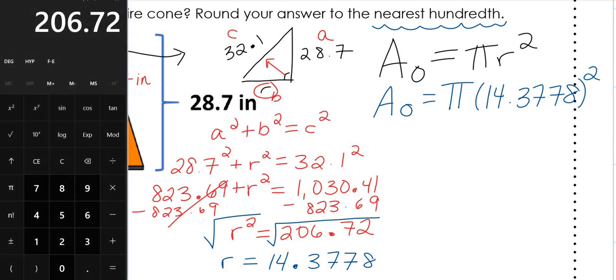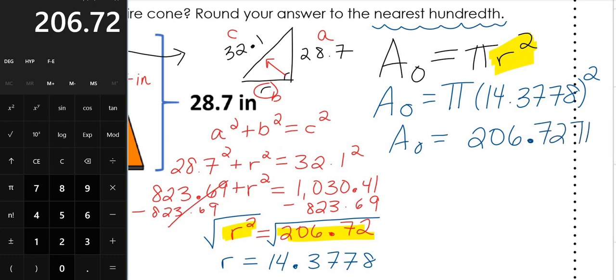That makes sense. When I solved for r squared and got 206.72, that's exactly what I needed for my formula. So I didn't even have to square root it. But it's good that we went through this process. So back to it. We just squared that 14, so we have area of the circle equals 206.72 pi.